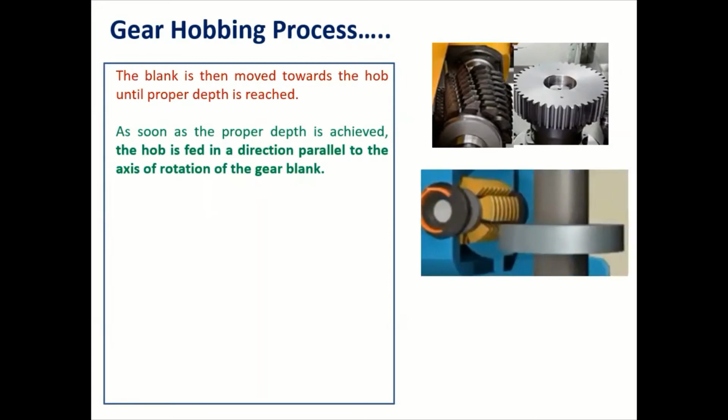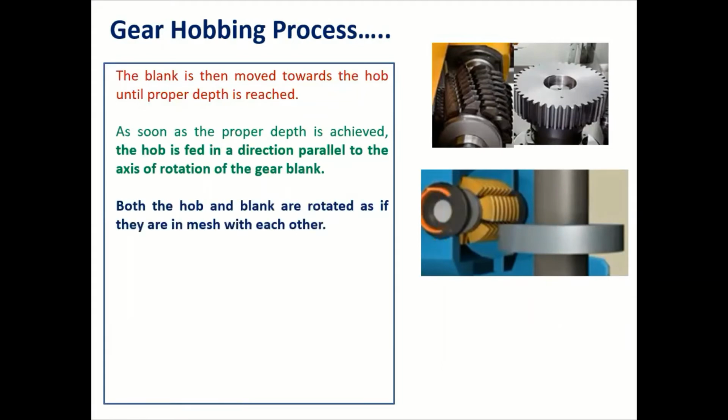In this diagram, this is the axis of the hob cutter, and we are feeding the hob in a vertical direction along the workpiece. Both feeds are done parallel to the axis of the gear blank. That is the meaning of it.